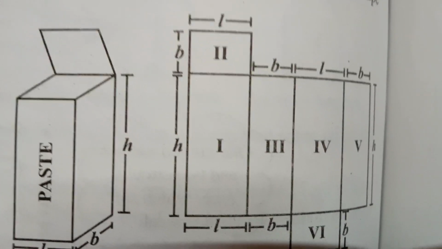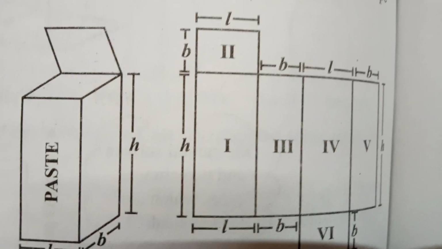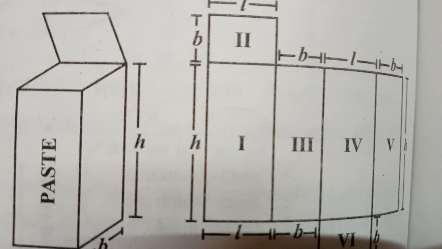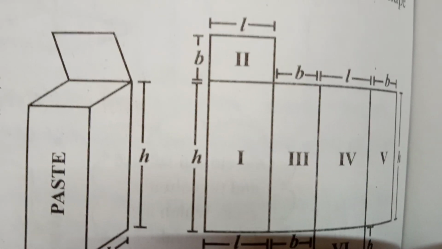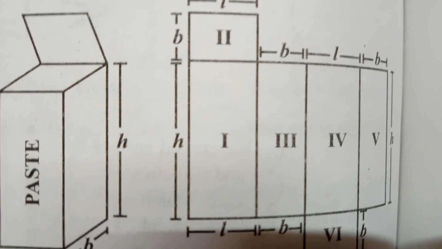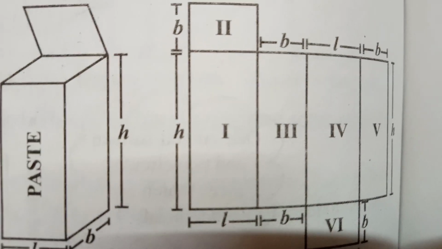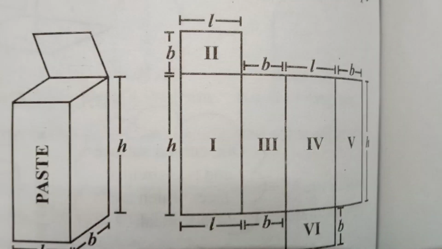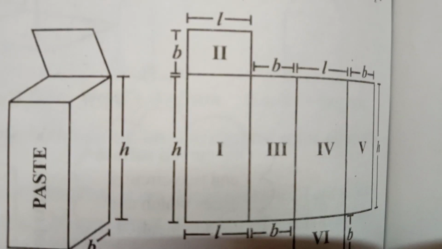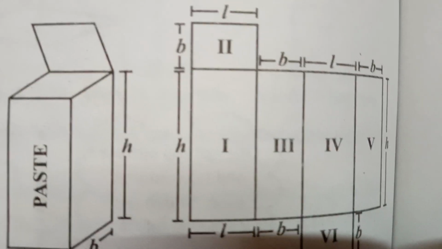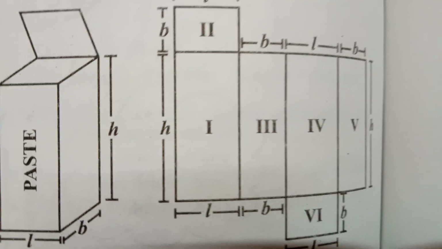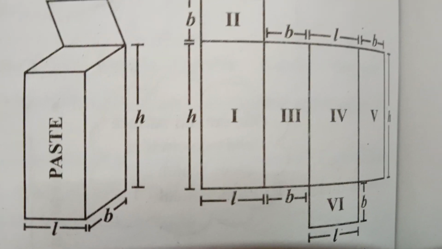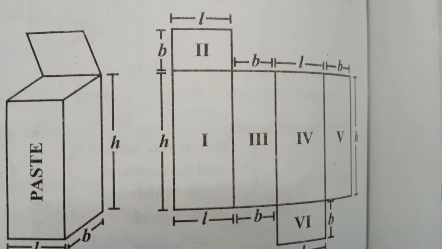Now the surface area of a cuboid. Here is a box which is given. In this, all six faces, as we have just discussed, opposite faces are identical. See here, face 1, face 2, face 3, 4, 5 and 6. Identical faces will have equal measures.